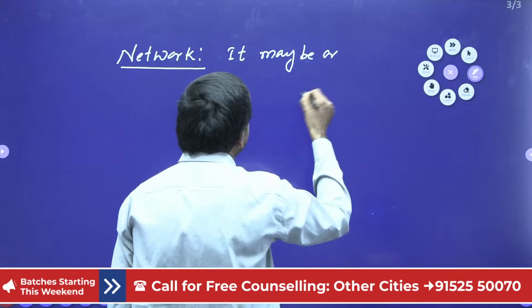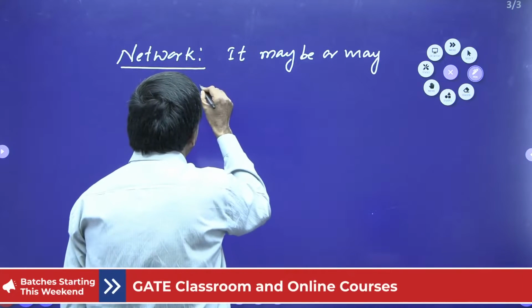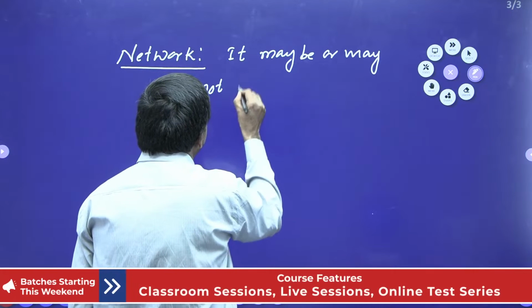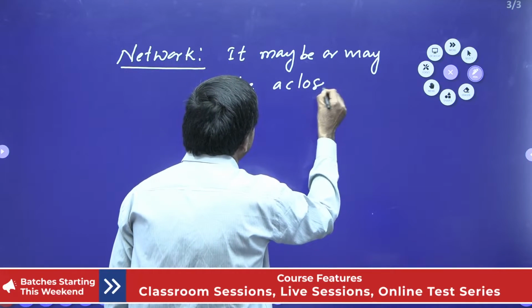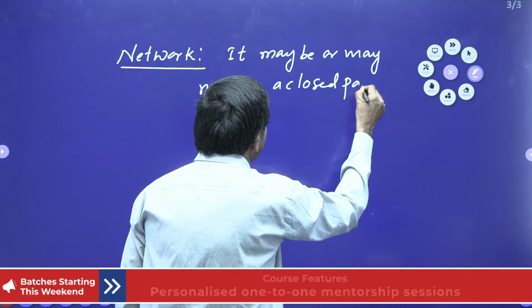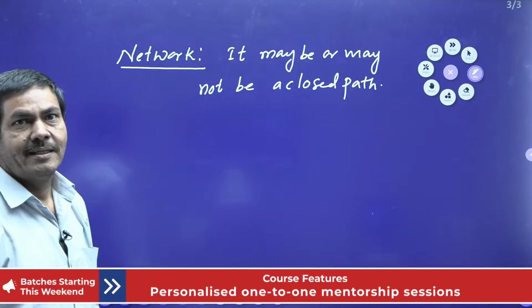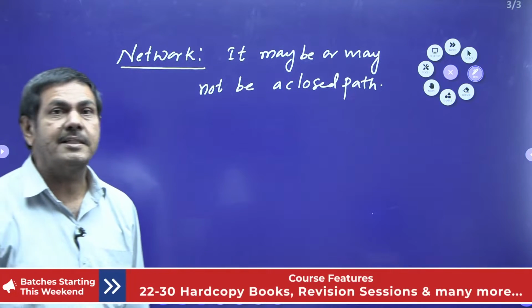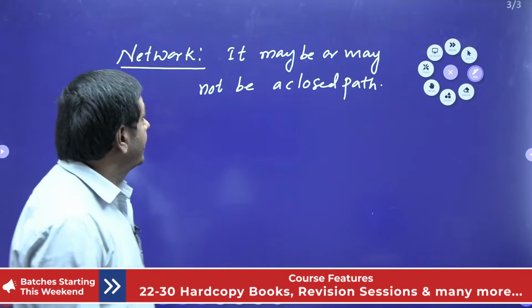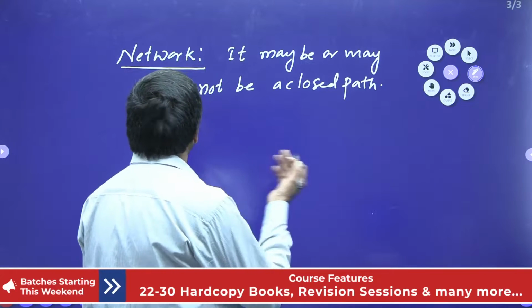Very simple way I define it. That means if a closed path is formed, we say it is a circuit. But if it may or may not be a closed path, then it is a network only.